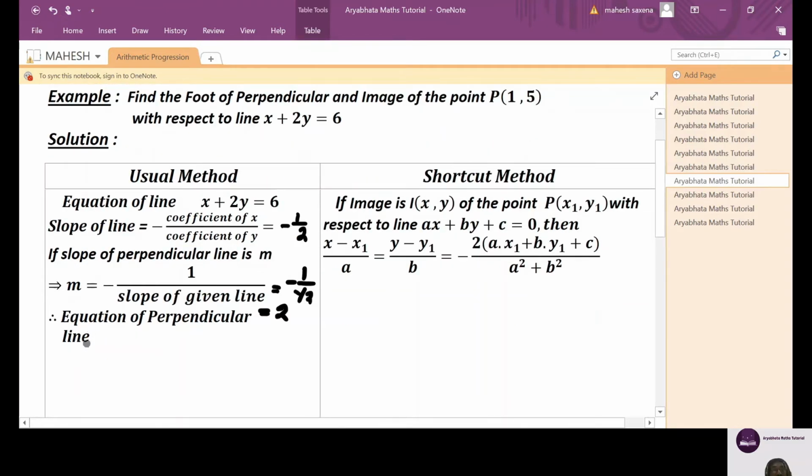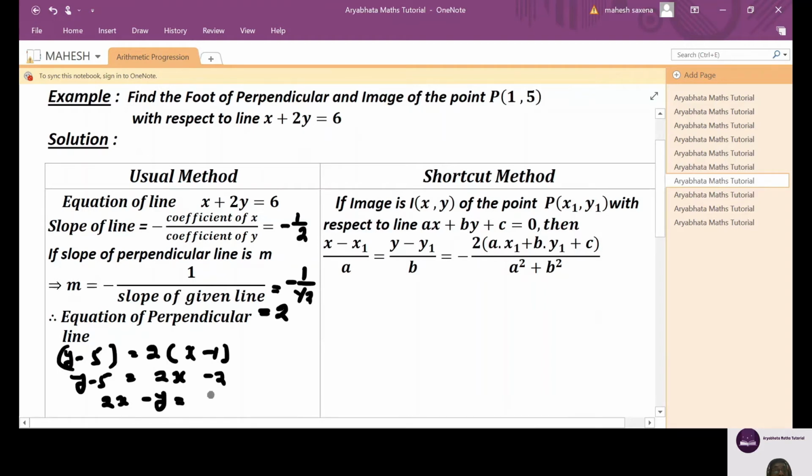Therefore, the equation of the perpendicular line will be y minus y1, y1 is 5, so y minus 5 is equal to 2 into x minus 1. That is y minus 5 is equal to 2x minus 2. Therefore, 2x minus y is equal to minus 3. This is the perpendicular line.